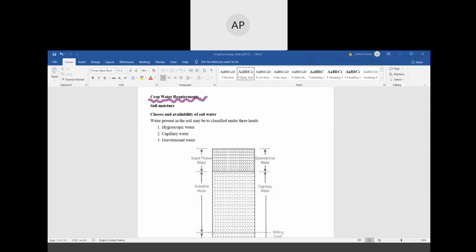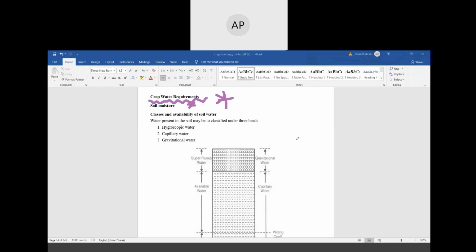Okay, there is a relationship between soil and water. Okay, this is very important. Crop water requirement, which is also called soil moisture.